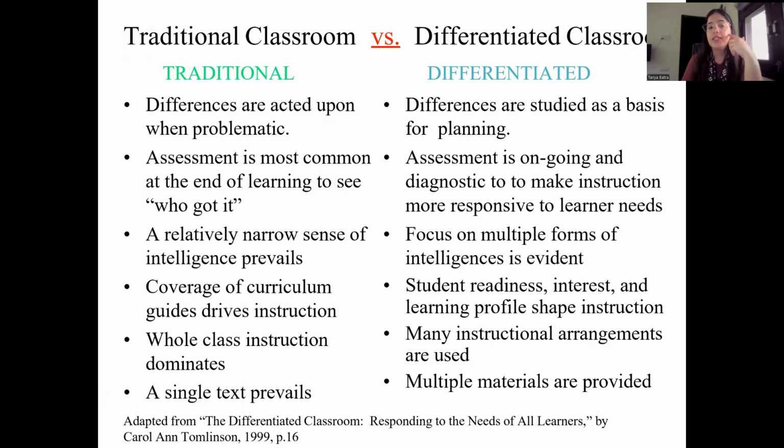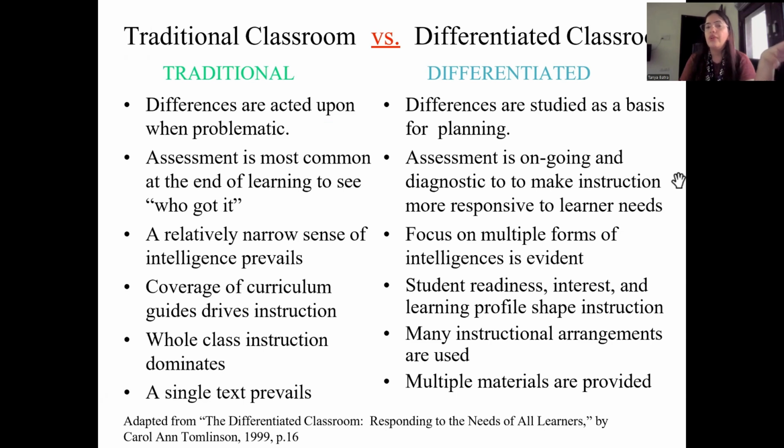We focus on different methods only when the situation is problematic. But in a differentiated classroom, we do not wait for the problem to arise. Differences are studied as a basis for planning. In every classroom, there will be differentiation. In every subject teaching, there will be differentiated instruction. They do not wait for problems.